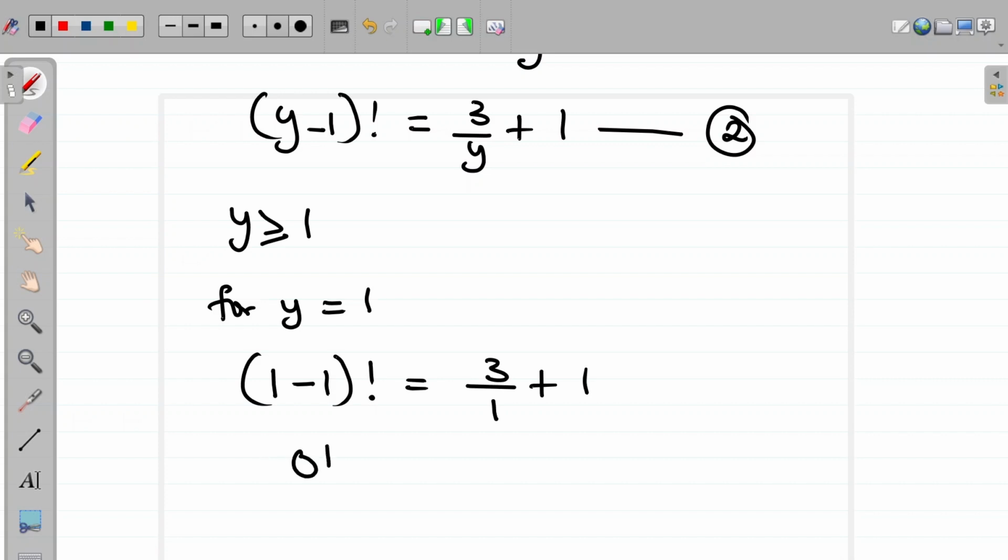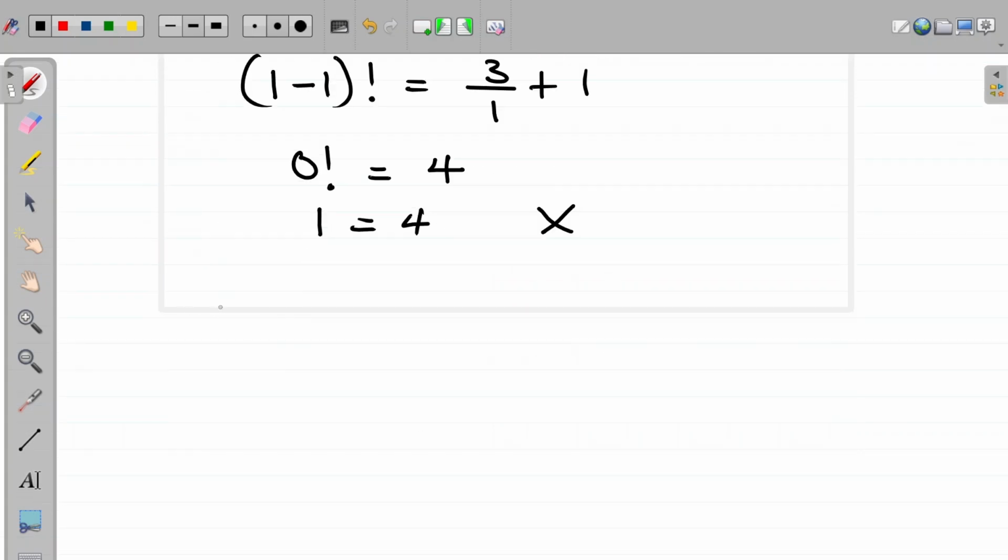This will be 0 factorial equal to 4. But 0 factorial is equal to 1. It can be seen that the value of y is not equal to 1. Hence, this is not our solution.